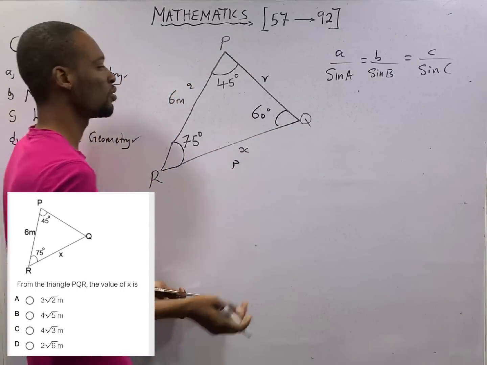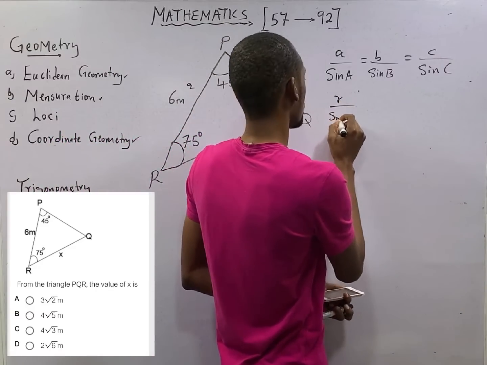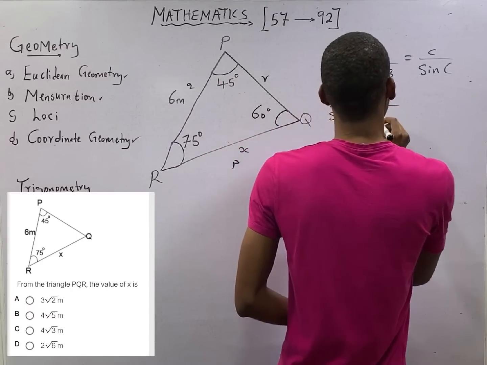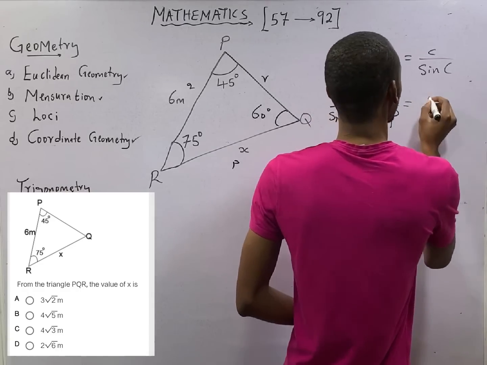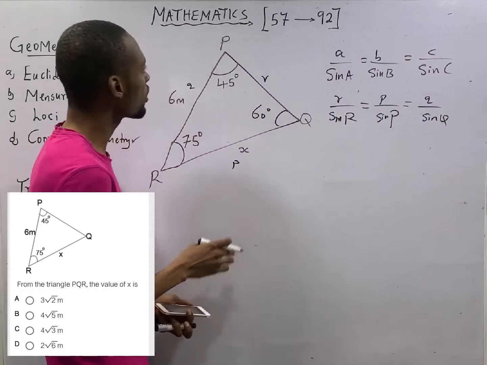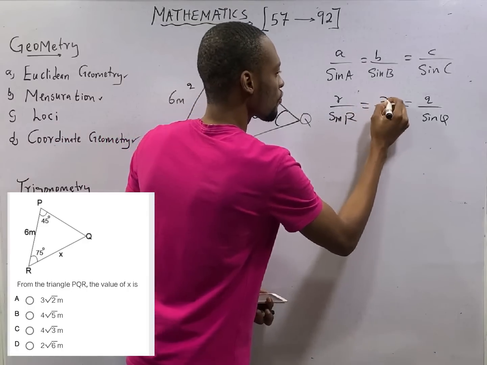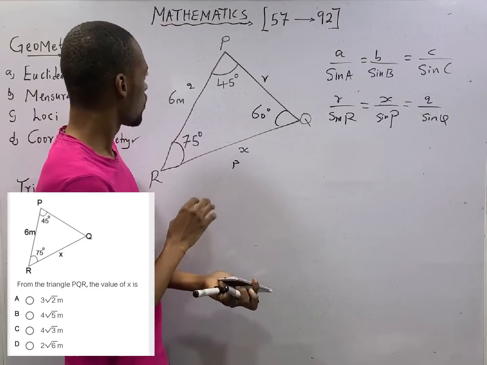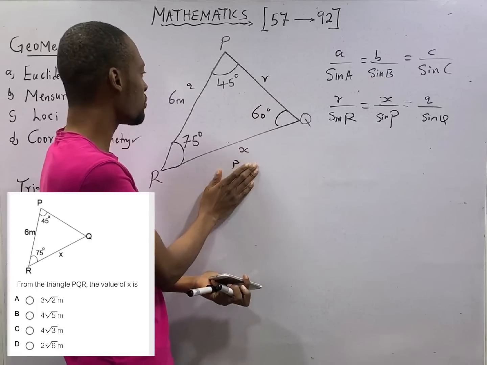So from the sine rule, you can modify it to have r over sine R is equal to p over sine P is equal to q over sine Q. And what we are looking for is p, which is s. P is s. Do we have everything that we need? Yes. We have angle P, but we don't have the side p.